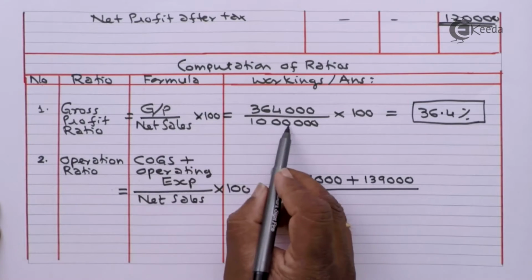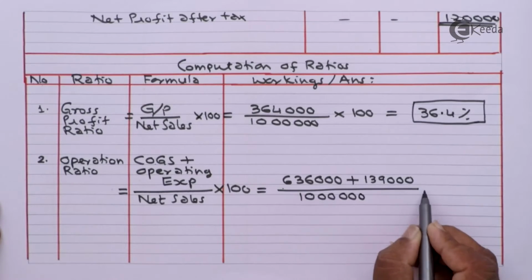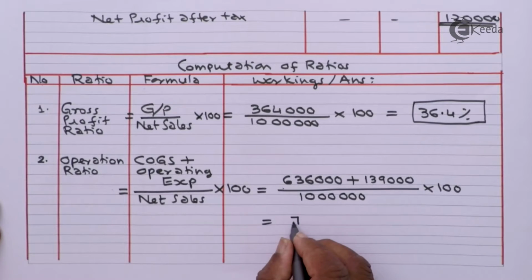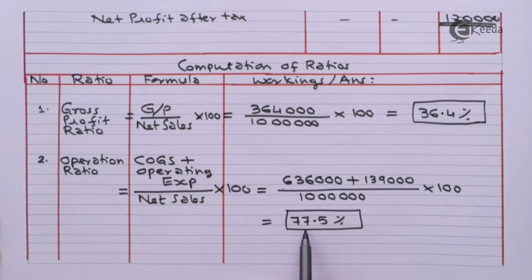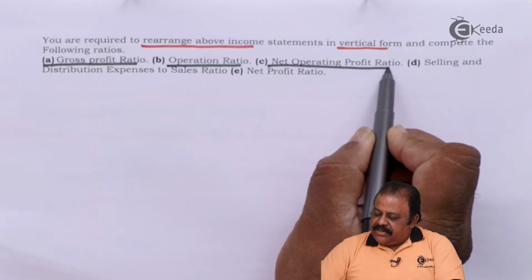Divided by net sales 10 lakhs, multiplied by 100. So we got 77.5%.